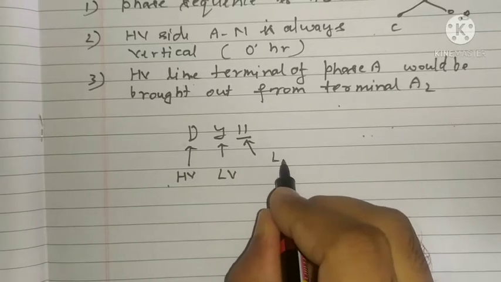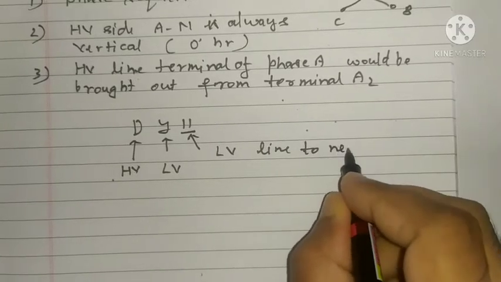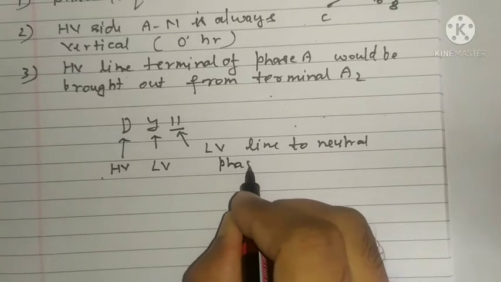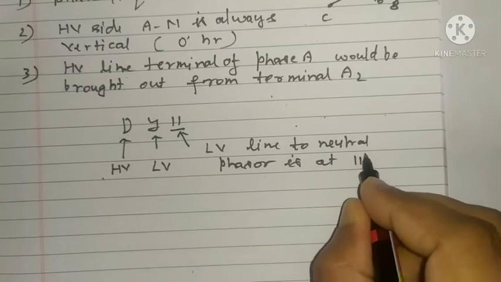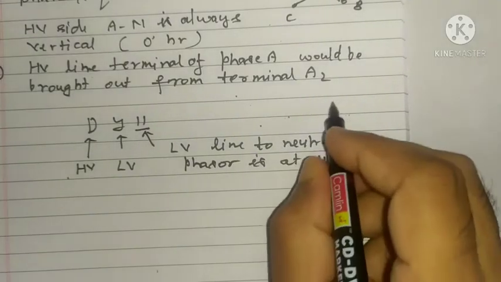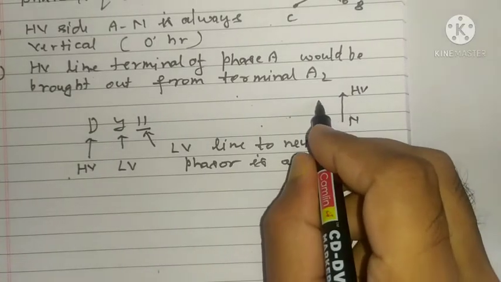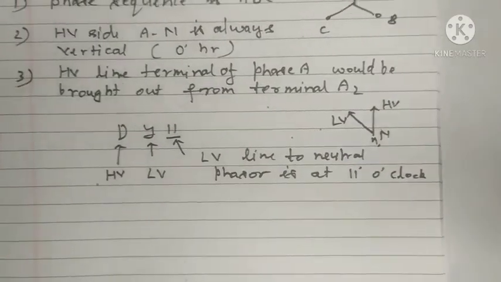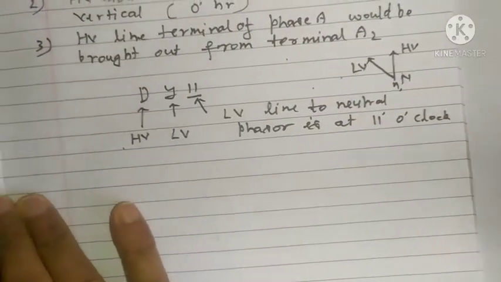This represents that LV line to neutral phasor is at 11 o'clock, right? That means it is HV line to neutral, and LV line to neutral will be here.